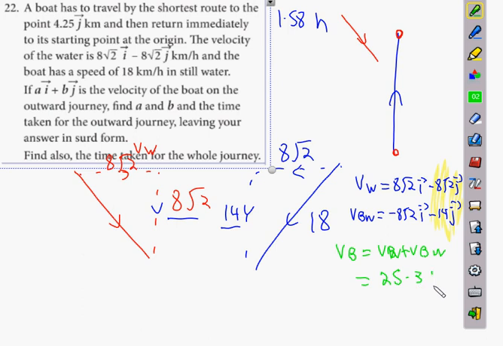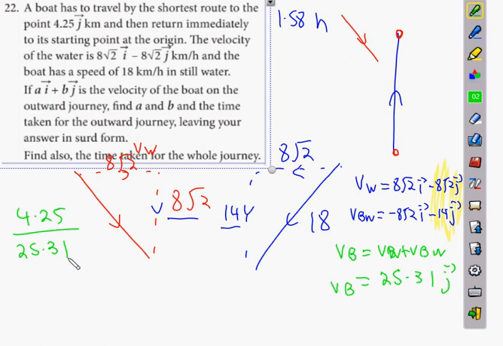Now, it's safe to say that's gone a lot faster than the other one, isn't it? It's gone considerably faster. So what we're going to do next is we're going to divide 25.31 into 4.25. So 4.25 divided by 25.31, and what do we get?